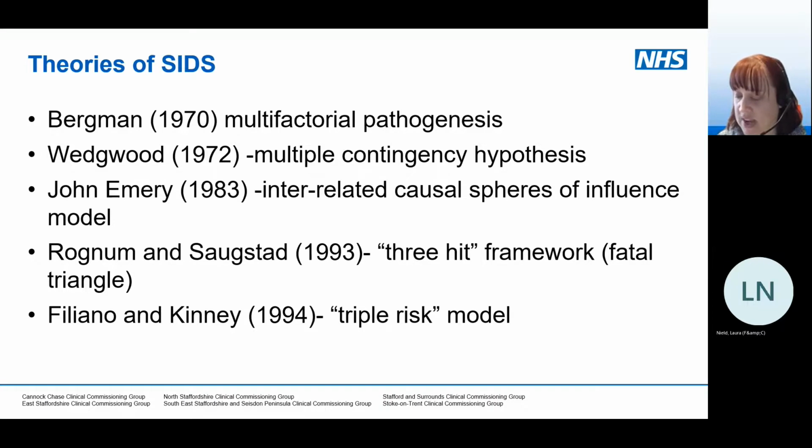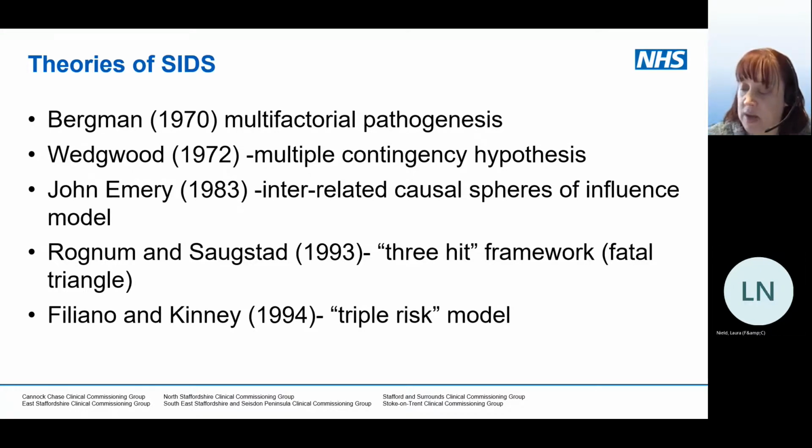Then we've got Rognum and Saugstad in 1993. They proposed a 3-hit framework that added possible roles for hypoxic or immunological events. The factors contributing to death were thought to involve central nervous system vulnerability, altered mucosal immunity, predisposing factors such as any genetic predisposition, and then a triggering event such as an overstimulation of the developing immune system, possibly due to a viral infection.